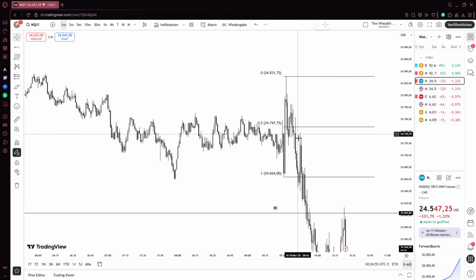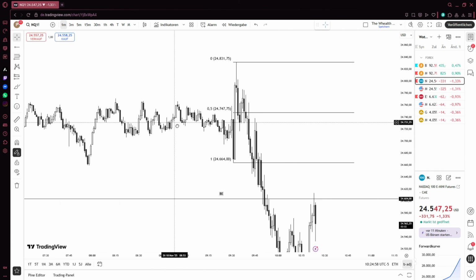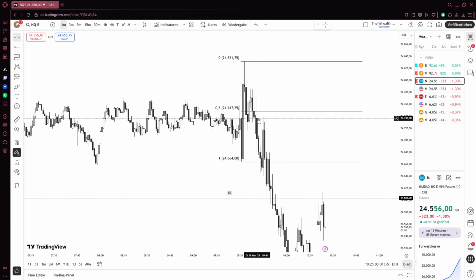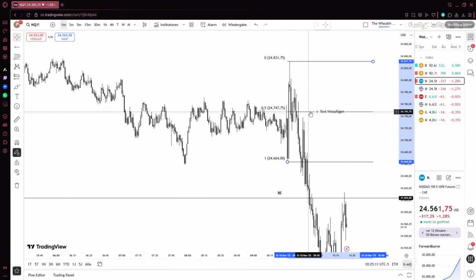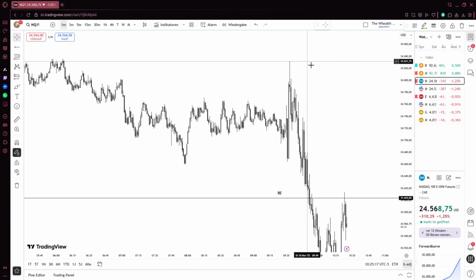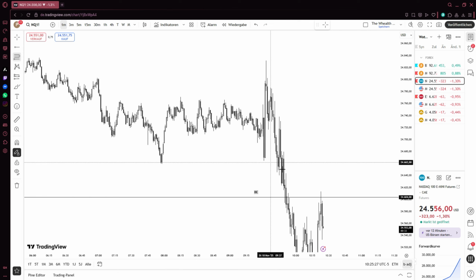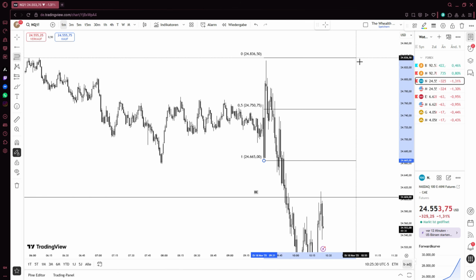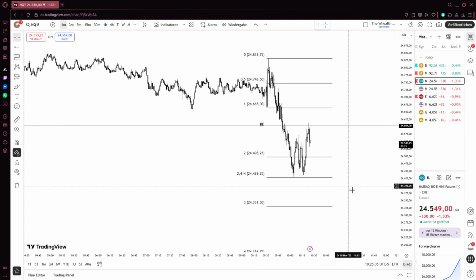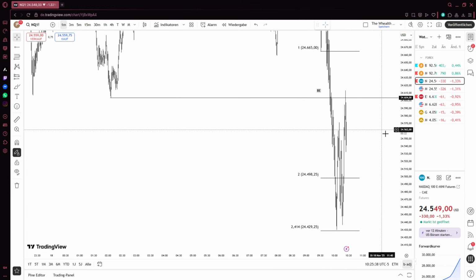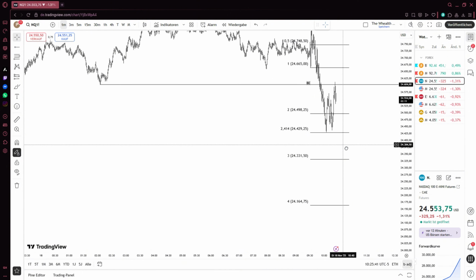I entered off of here and I marked my standard deviation legs once I saw us breaking out of this range. I don't know if you can call it a range, but it is a range. After we broke out, I marked my flip from the low to the high to get these beautiful liquidity zones.